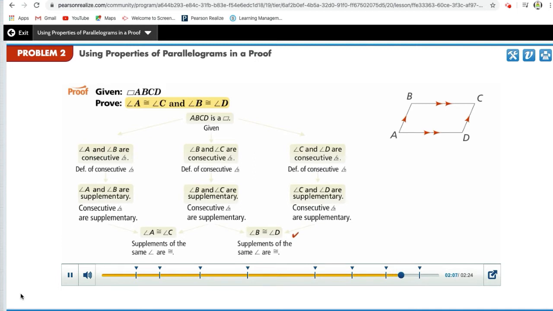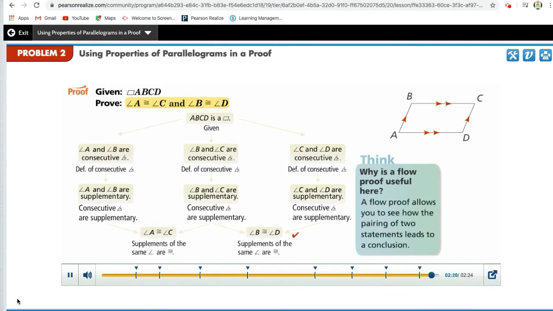You have proven that angle A is congruent to angle C and angle B is congruent to angle D. Why is the flow proof useful here? A flow proof allows you to see how the pairing of two statements leads to a conclusion.